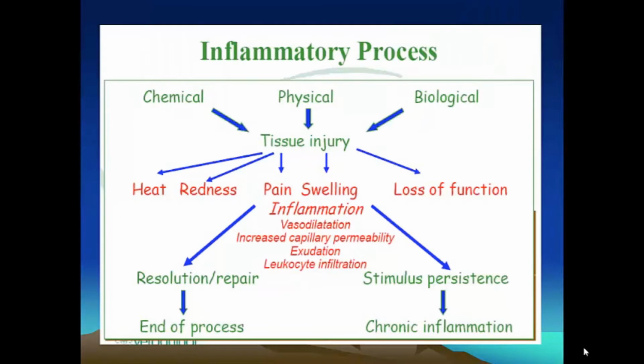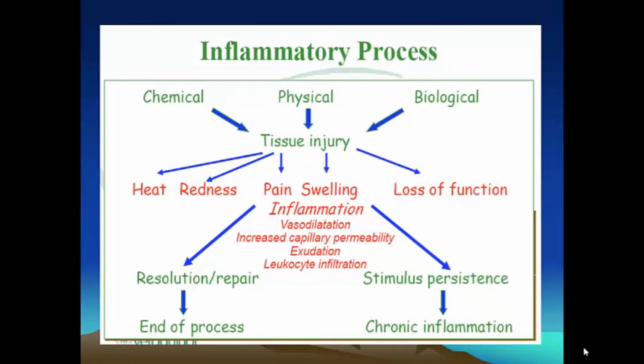So before I start with the specifics of the study, it's important to remind what the main signs of inflammation are, because as we will see, these are the things that will be evaluated in the clinical effects of the anti-inflammatory drugs. There are five cardinal signs of inflammation, which are heat, redness, pain, swelling or edema, and loss of function.